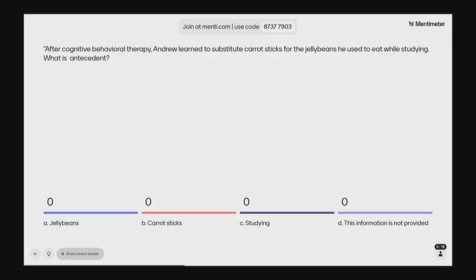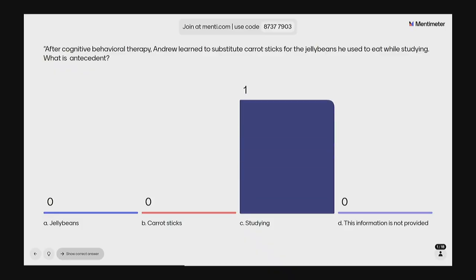Okay. So after cognitive behavioral therapy, which is one of the management tools for obesity, Andrew learned to substitute carrot sticks for the jelly beans he used to eat while studying. What is the antecedent? So correct response, studying is the antecedent.